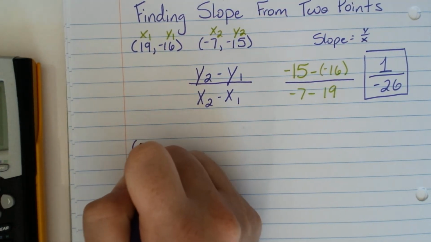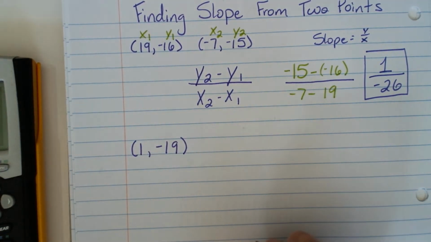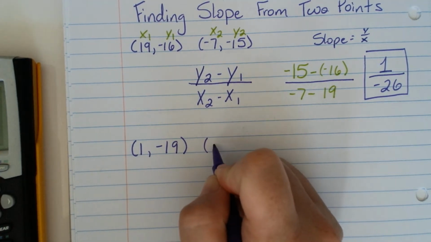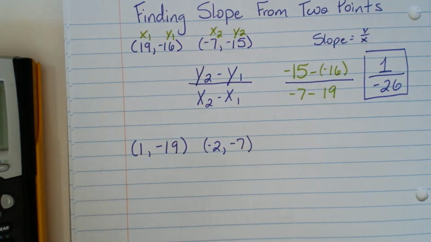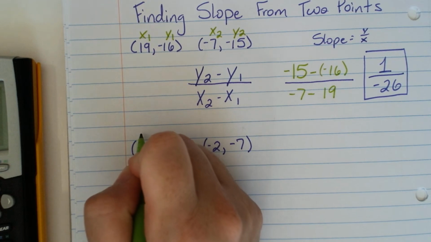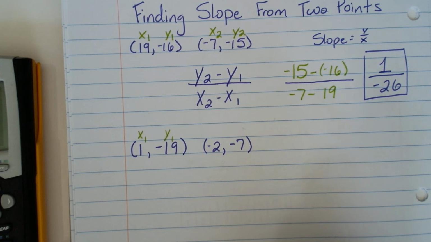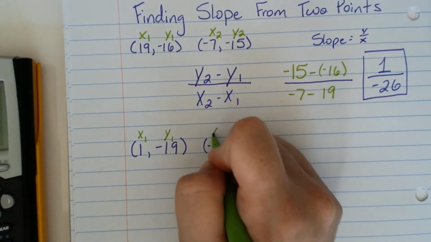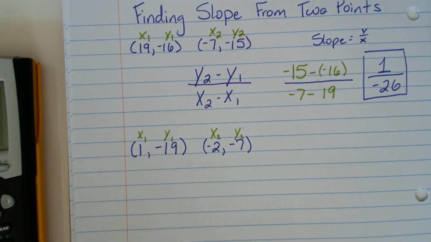Let's look at the ordered pairs 1, negative 19, and then negative 2, negative 7. Let's label them. Always label them. x1, y1, x2, y2. Make sure you're writing this down.